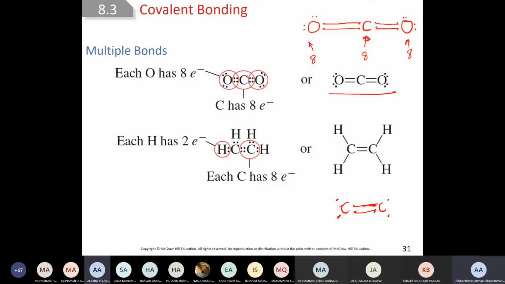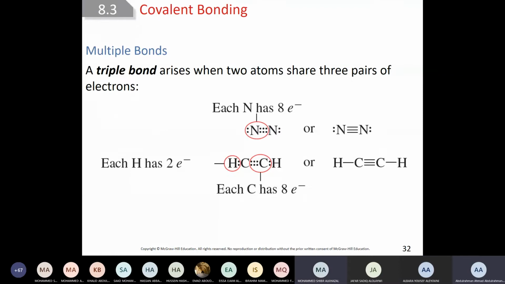And how many electrons does it need more? 2 more. So 2 hydrogen will come like this. Now, how many around each carbon? 8. And how many around the hydrogen? 2. Good.